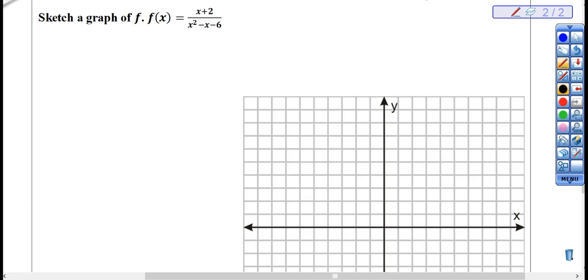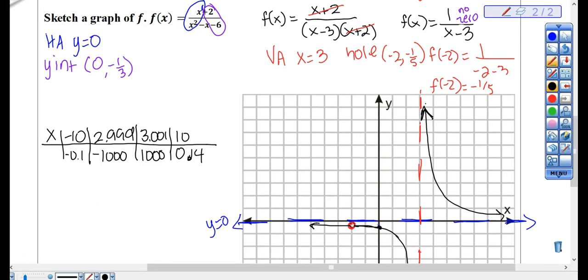Okay, so we found a horizontal asymptote at y equals 0 because our numerator's degree was less than our denominator's degree. We found our y-intercept at negative 1/3. We factored and found a hole at x equals negative 2 again. So our simplified version was 1 over x minus 3. There was no 0 in the numerator left, so no x-intercept.